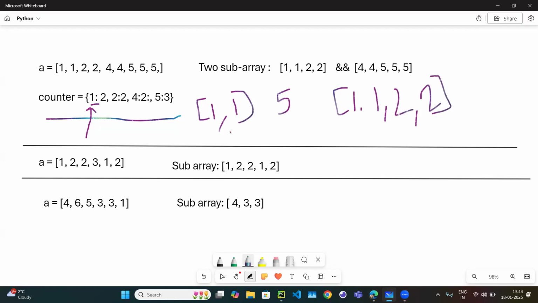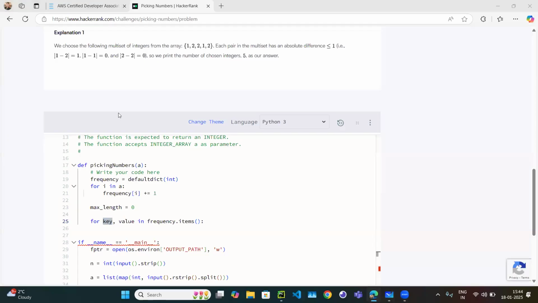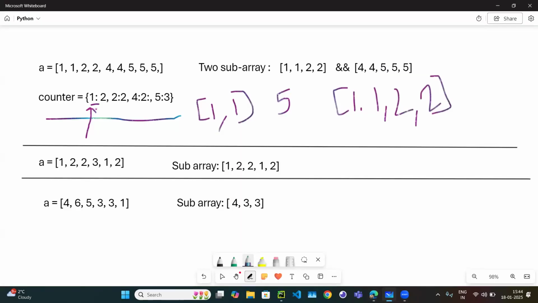So what I will do is check whatever the key is, one, whether key plus one exists or not. If it exists, just add the number of elements. Along with that, whatever key I am picking, I need to add that number of elements as well. If key plus one exists, that is two exists, then I will add both, two plus two.